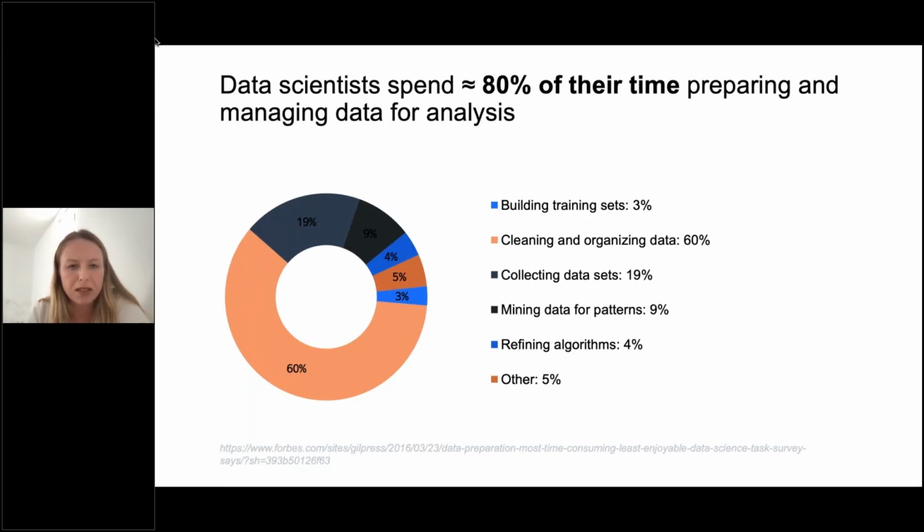Even though this graph was published a while ago, I think this is still true. You can see here an exact distribution of where the work is spent, but I don't think it's important for this presentation. I think the most important thing here is the fact that 80% of the time is a big amount, and ideally we would have some tools that would help us to reduce this time.